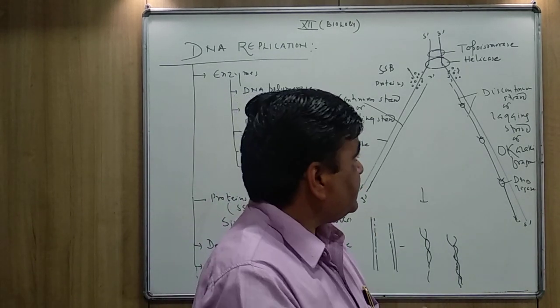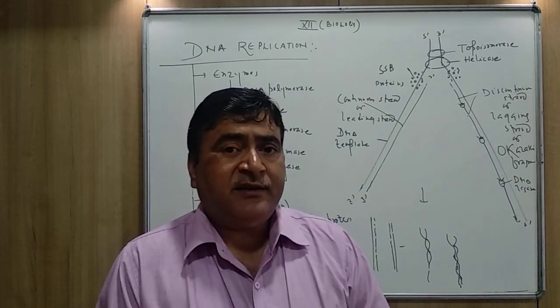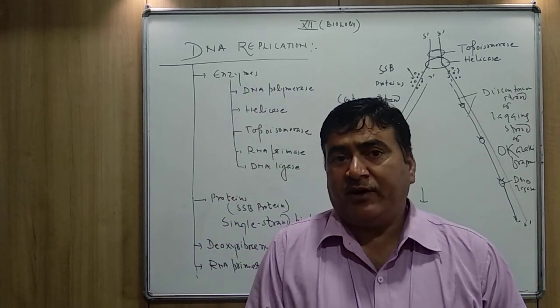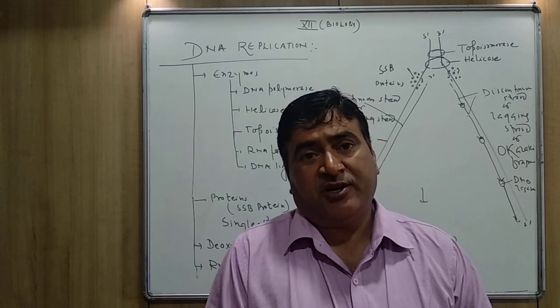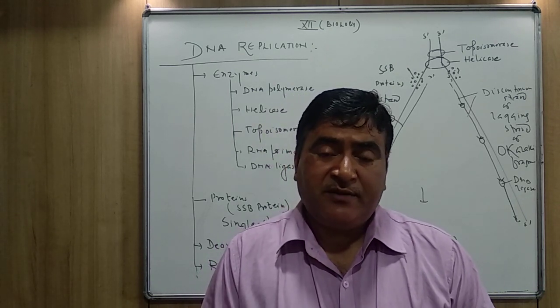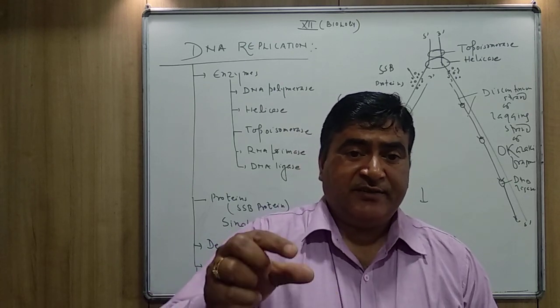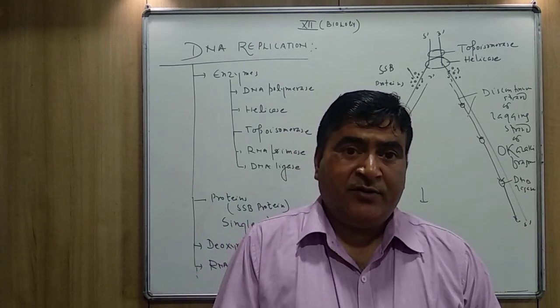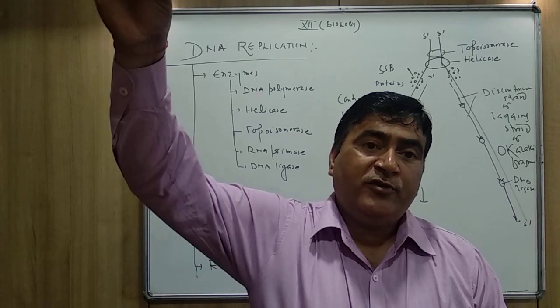When DNA replication starts, the DNA polymerase enzyme does not start the new strand. It can't initiate the process of DNA replication. It always needs a base from where it can add nucleotides.